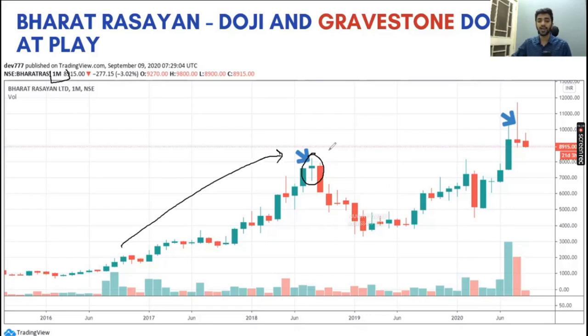Look at this again. After this it corrected, then it started moving up again from here. This is again a gravestone. This is the recent month only, August 2020. So again a gravestone doji here.